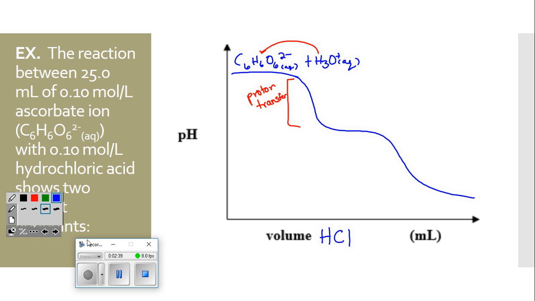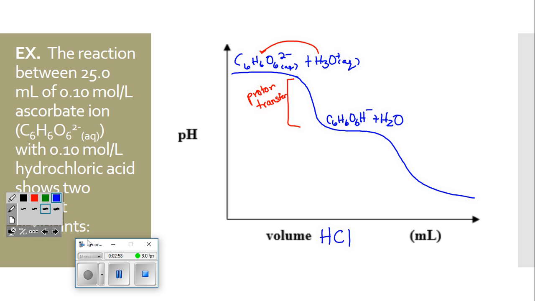That means that you would have C6H6O6H negative, right? I added a hydrogen to it, and water as the product. That's my first reaction.